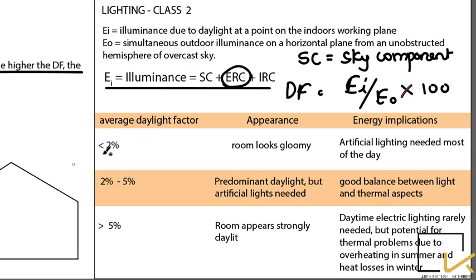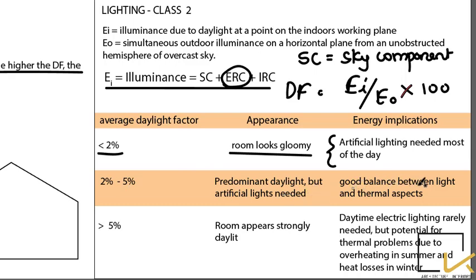We have particular values. The first column is the average daylight factor, the second is appearance, and the third is the energy implications. Less than 2% means the room looks gloomy and dark, so artificial lighting is needed most of the day. If it is between 2 and 5%, it is predominantly daylit but artificial lights are needed in some areas.